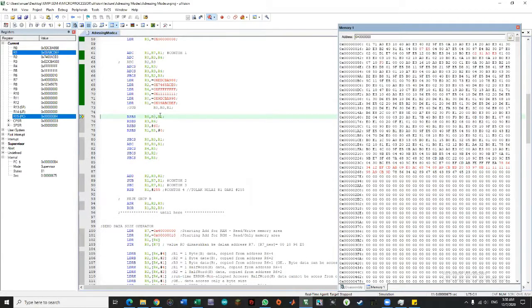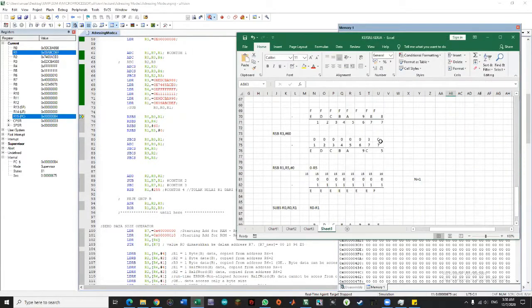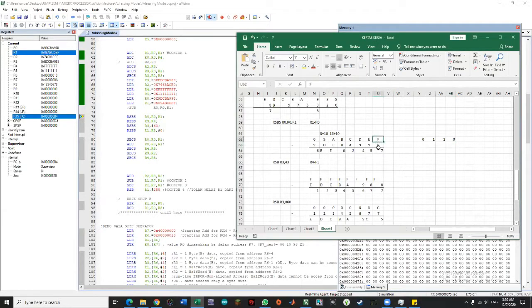So R0 minus R1, I'm sorry, R1 minus R0. It means that F minus 8, 7, 5, 4, 2, 0, E, B, 6. So 6. This is not negative. Negative is 0. The flag will update and will be 0.